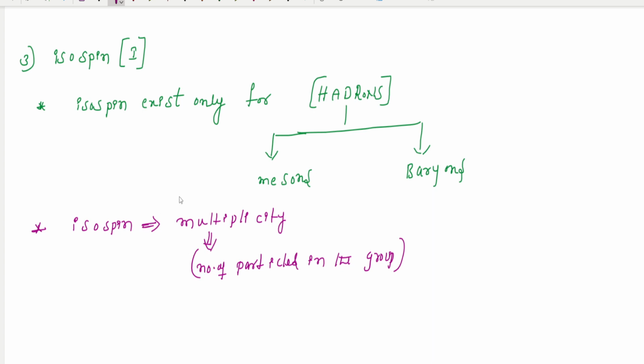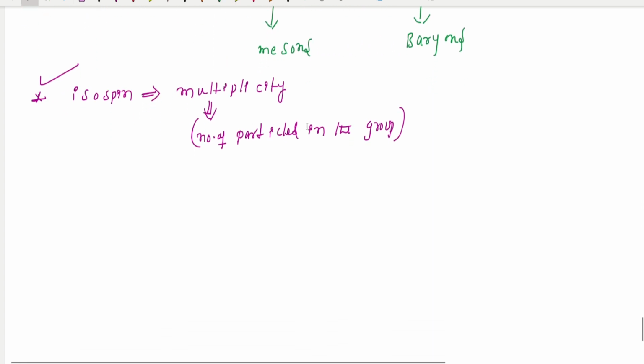Before checking isospin, we need to remember these two bullet points. Isospin exists only for hadrons. What are the hadrons? Mesons and baryons. You should remember mesons, and baryons also. The multiplication is written like this: m equal to 2I plus 1.